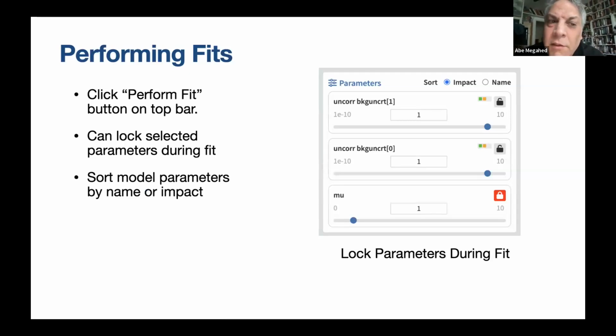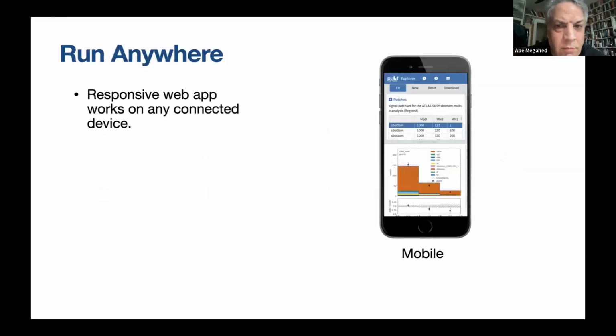And then you can lock different ones if you have an idea of what values you would like, and then perform another fit with those parameters locked. The app is also responsive, so it runs fine on whatever device. We were hoping that would encourage adoption.